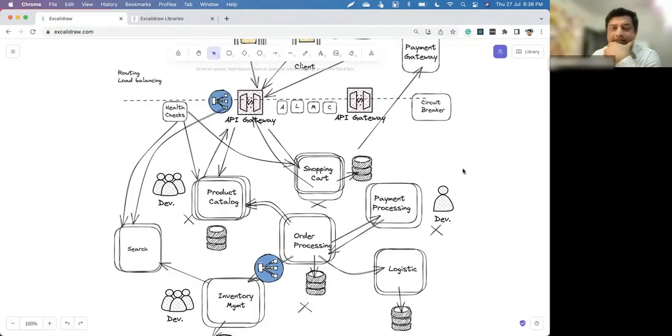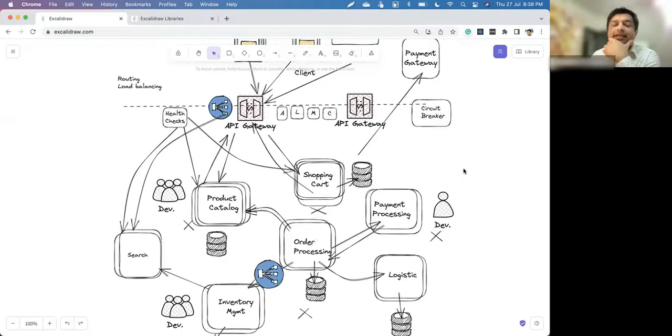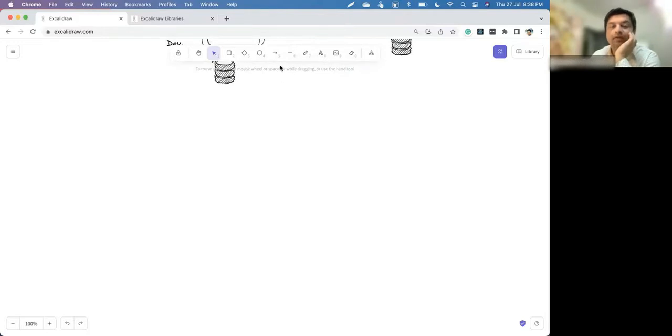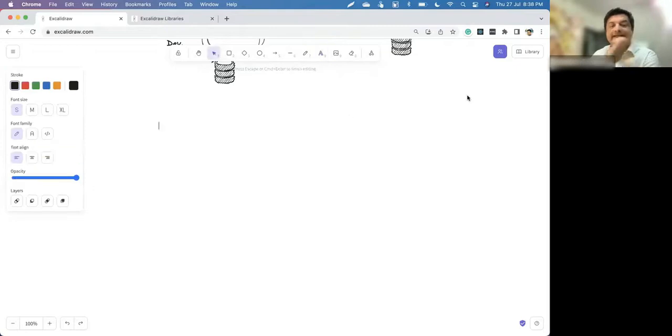Now, other important thing is how will the API gateway know about all these services, right? So that is called service registration, and service discovery.